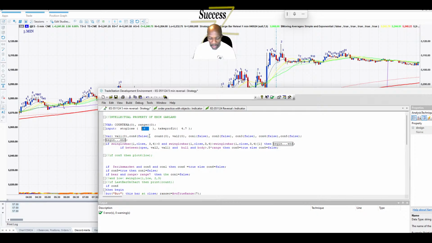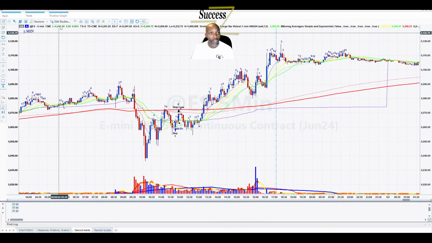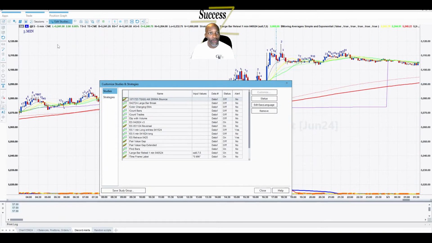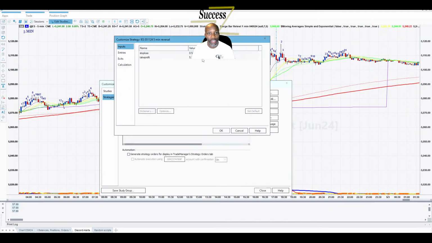I'm kind of doing this on the fly. So we'll start at 60 for our take profit, and for our stop loss we'll start at 30, and then we'll verify that, come back over here to the chart and redo this.